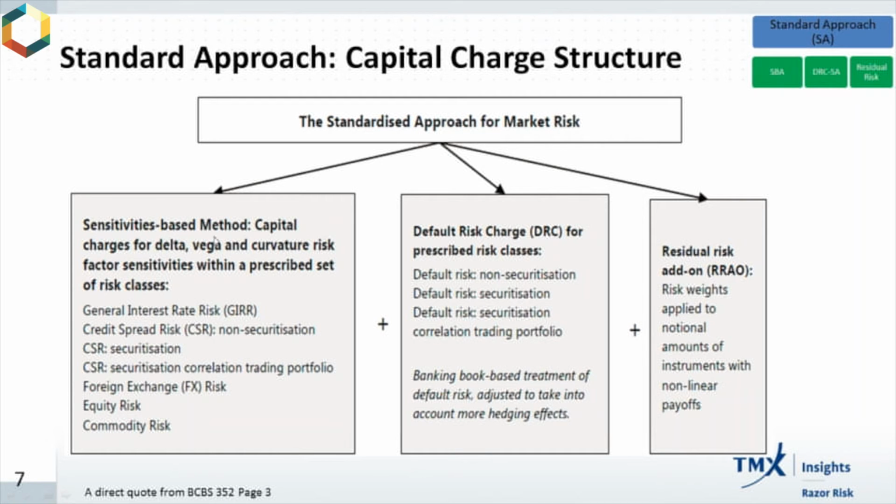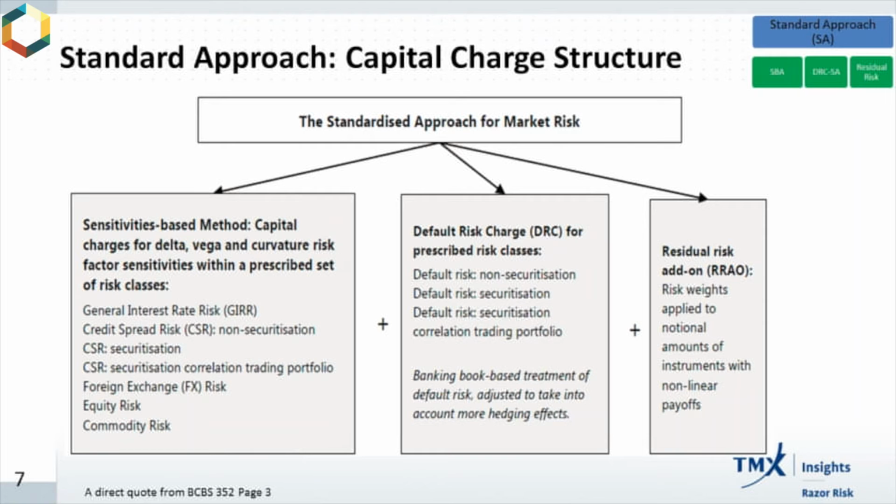And the sensitivity-based method has 21 components, which is divided into 2 dimensions. The first dimension is the 3 sensitivity types: the delta risk, vega risk, and the curvature risk.